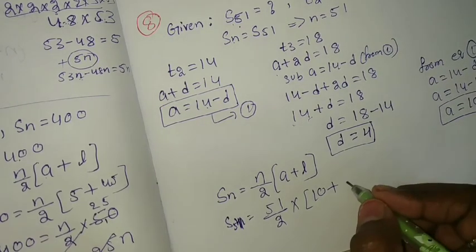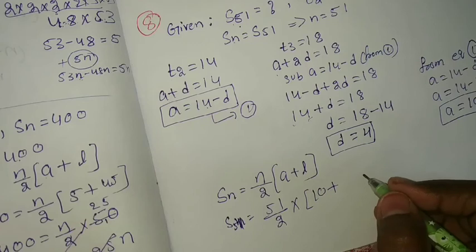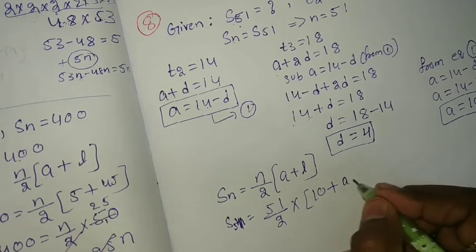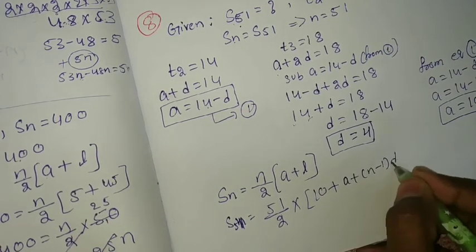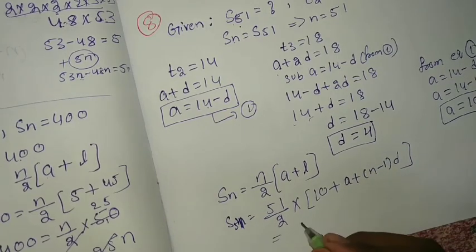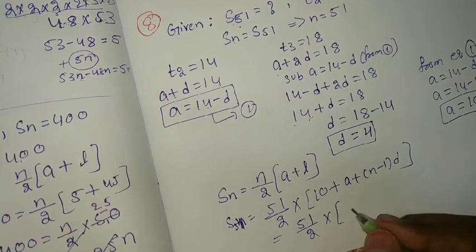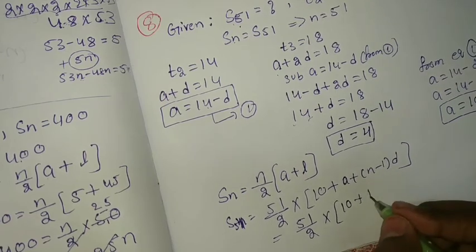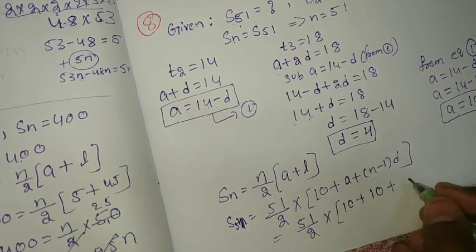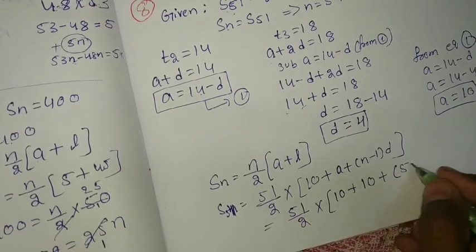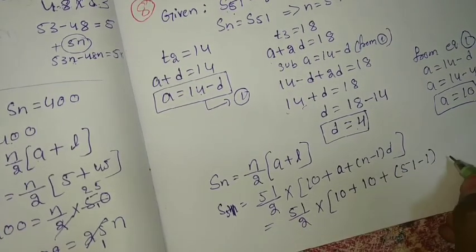So write down the formula, that is A plus n minus 1 into D. Okay. 51 divided by 2 into 10 plus, what is A here? Again 10 plus, what is n? 51 minus 1 into D, which is 4.